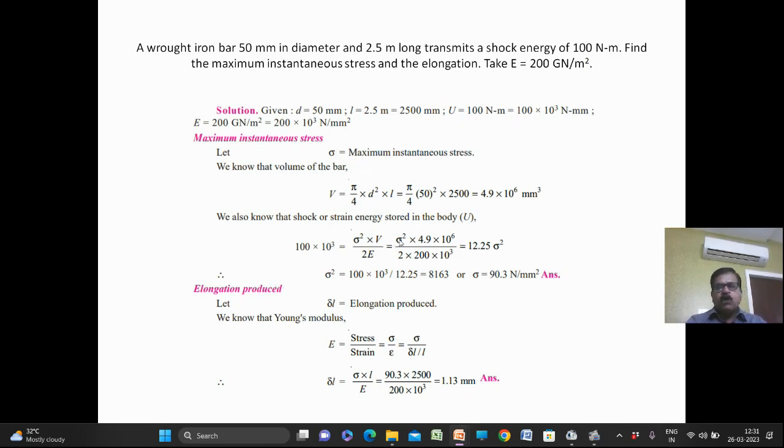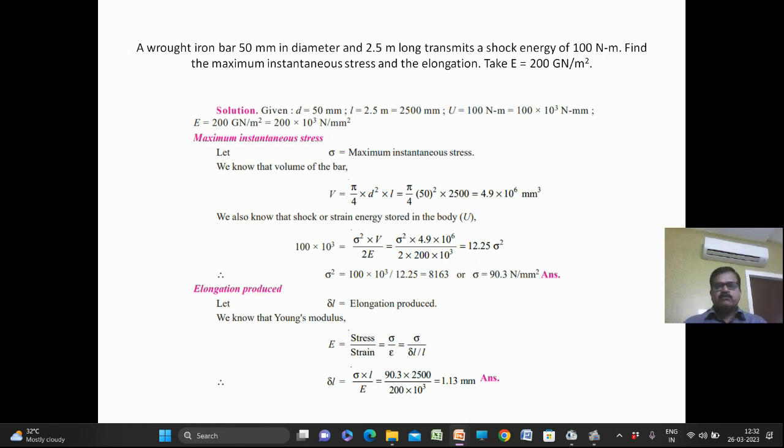The bar has a diameter of 50 mm and length 2.5 meter. The volume is pi by 4 d square into L, which comes out as 4.9 into 10 to the power of 6. Young's modulus is 200 into 10 to the power of 3 Newton per mm square. On substituting these, the impact stress in the member is equal to 90.3 Newton per mm square.